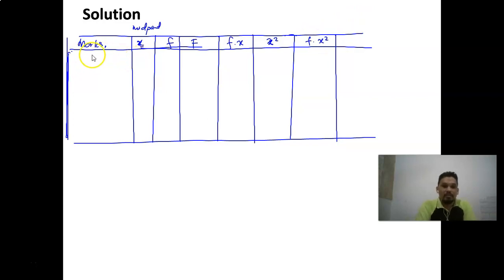So the marks x are in between 0 up to 20, 20 to 40, 40 up to 60, the size of the class, 60 to 80, and 80 to 100.